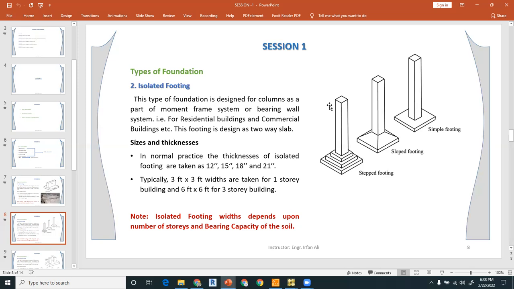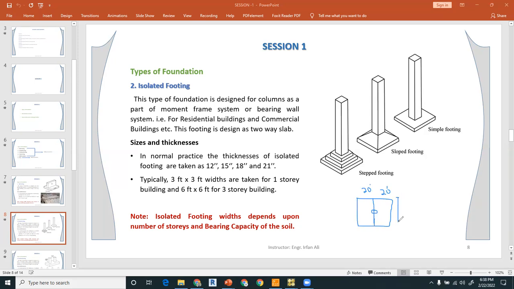For example, let me write it here. Suppose this is the grid, this is 20 feet and this is 20 feet, right? And this is the internal column. I'm talking about only this column, right?